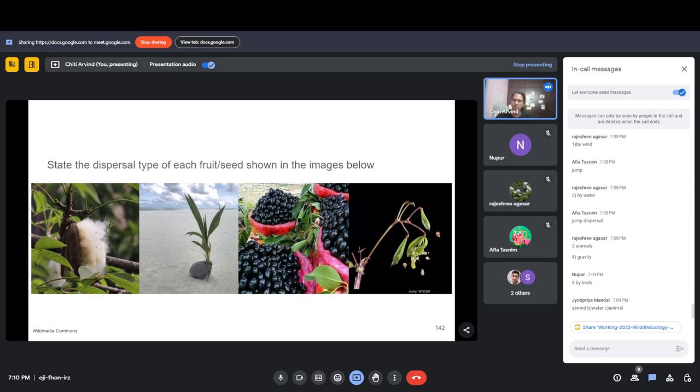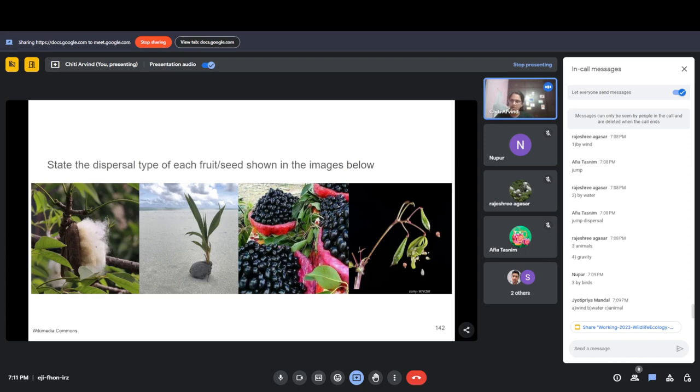What do you think should be the properties of a water dispersed plant? Just think of a coconut here. This is not your dried coconut, but a coconut with the husk.